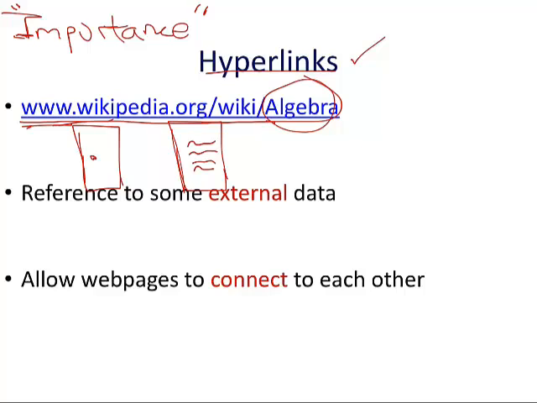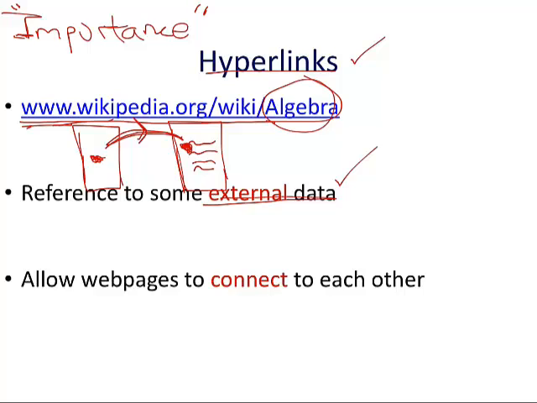And we could represent that using a line. And we want to put an arrow on that to indicate that we are going here, not necessarily the other way around. So again, the strict definition of a hyperlink is a reference to some external data that's not on our current page.